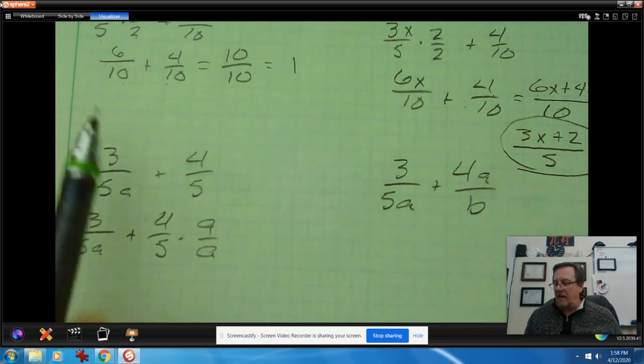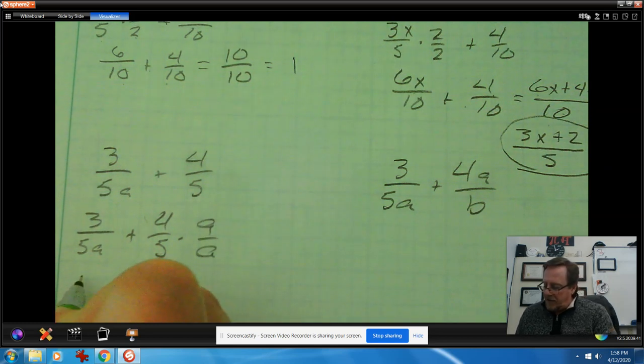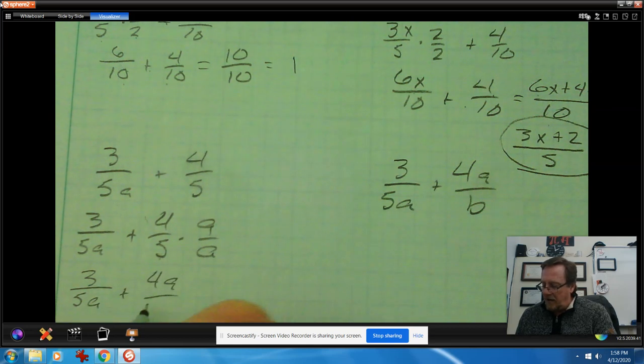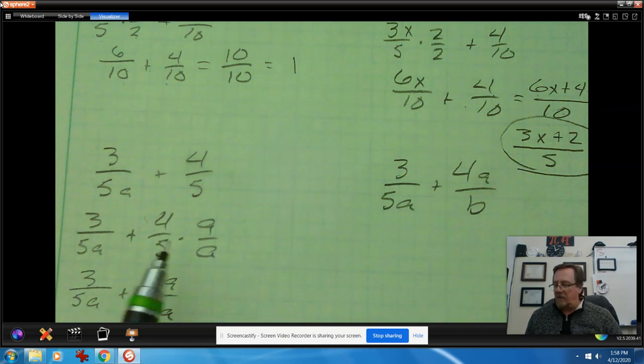In order to get 5a for this, I'm going to have to multiply 5 times a. And so we'll multiply by a over a. And that gives us 3 over 5a plus 4a over 5a. Right? We just multiplied 4 times a and 5 times a.